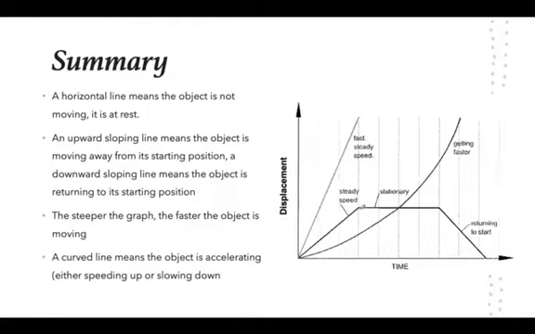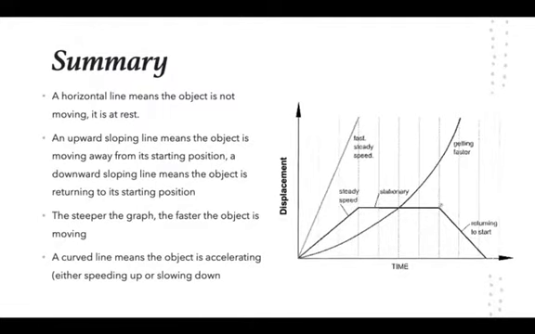Here we can see that the object's displacement is not changing, so it is stationary through this point right here. Here we see that we have a positive slope, right? So that means that it is moving away from its original position at constant velocity.